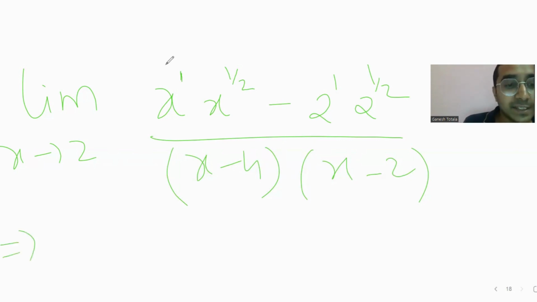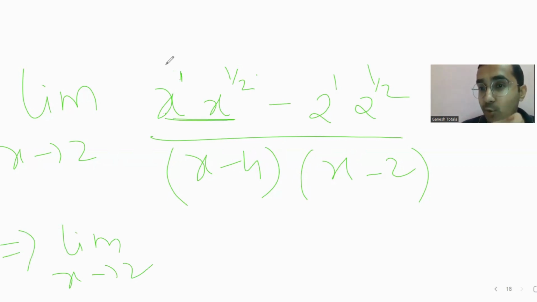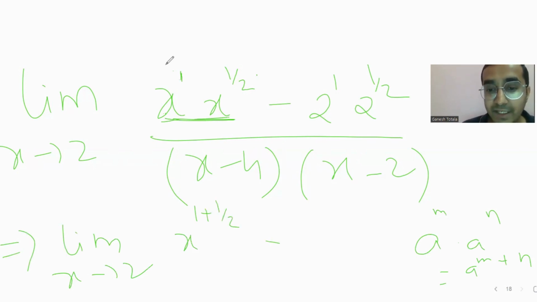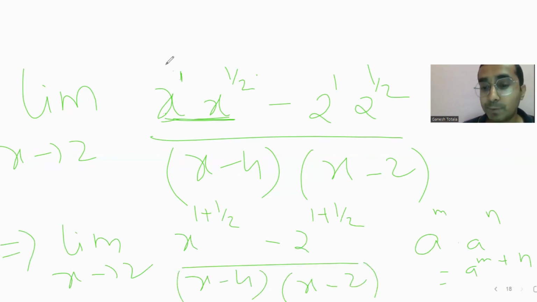Now, next, limit as x is tending to 2. Use the law of indices here: a raised to m into a raised to n is equal to a raised to m plus n. Here the base x is the same. So it will be x raised to 1 plus half minus 2 raised to 1 plus half divided by x minus 4 into x minus 2.